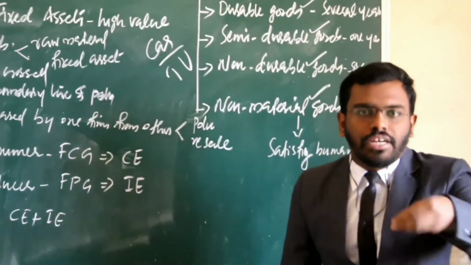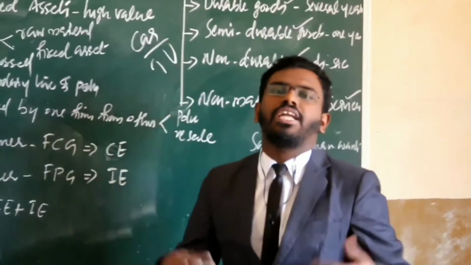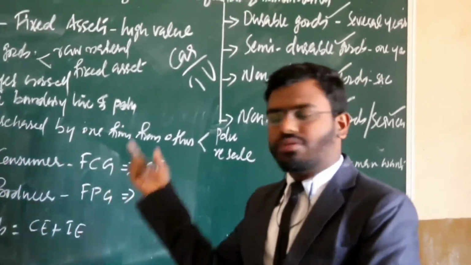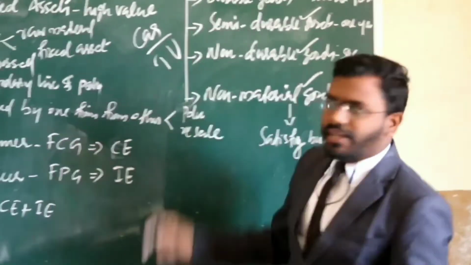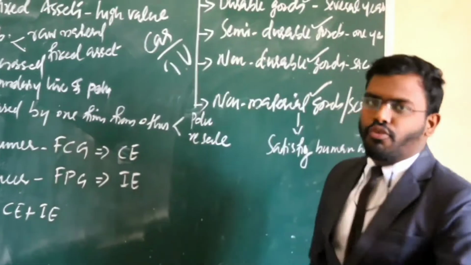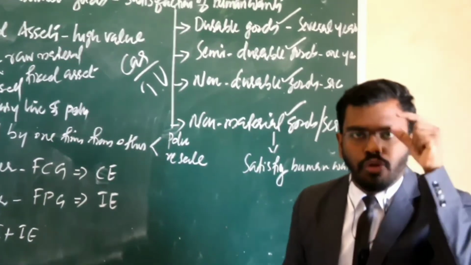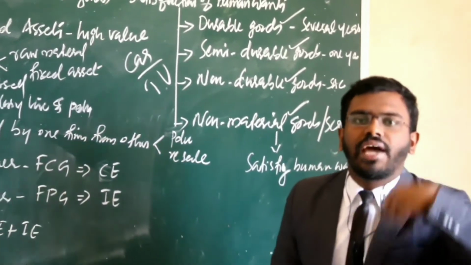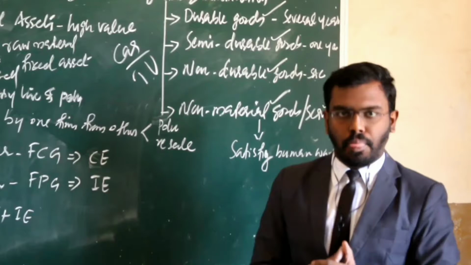If a consumer purchases a television today, he will not purchase another tomorrow, because he can use it for several years. The next ones, mobile phones, computers, etc. These are examples of durable goods. So what is the definition of durable goods? It is a consumer good which the consumer can use for several years, more than 1 year.